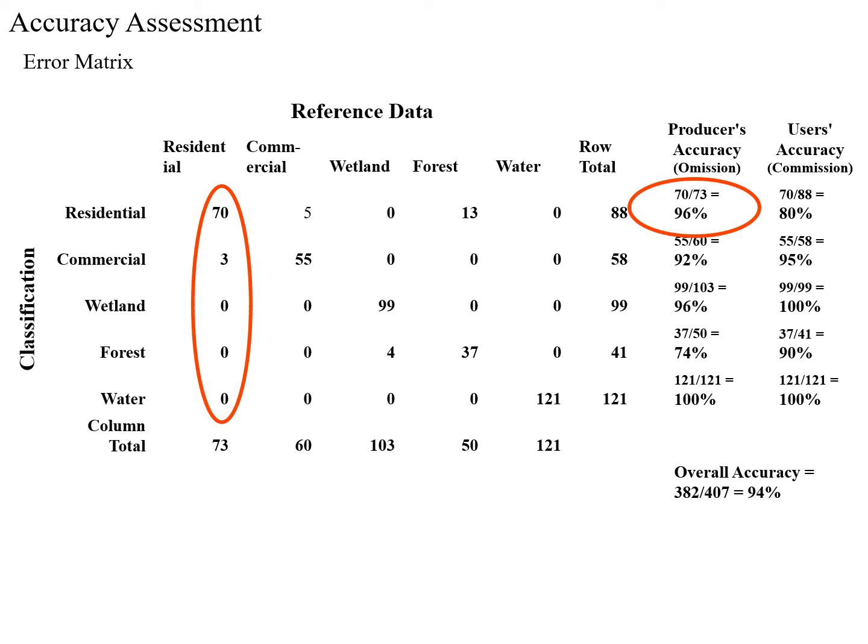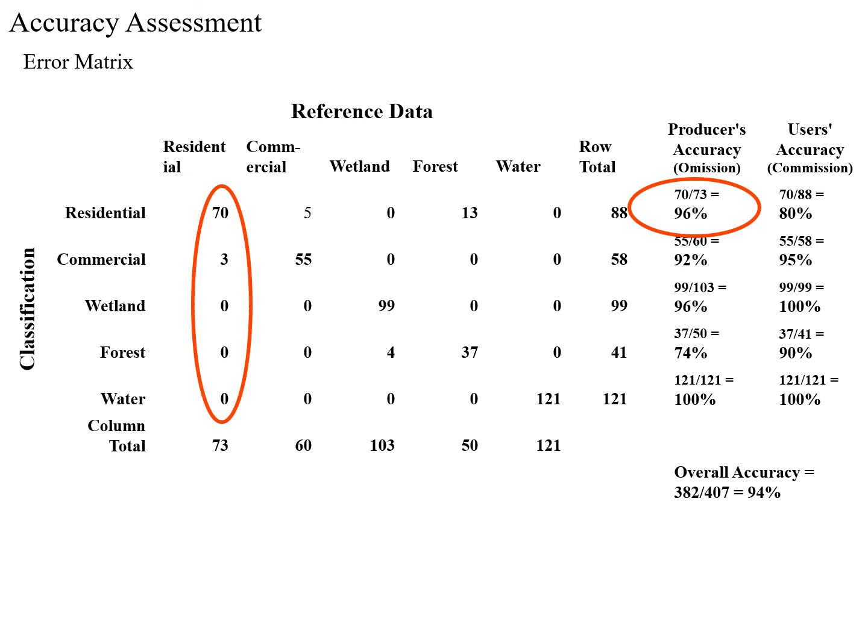So the total number of reference data points we have is 73. And the producer's accuracy is 70 over 73, or 96%. The reference data is always in terms of how many observations. So 70 divided by 73. You're always going to divide by that last row, the total row, for that particular column.